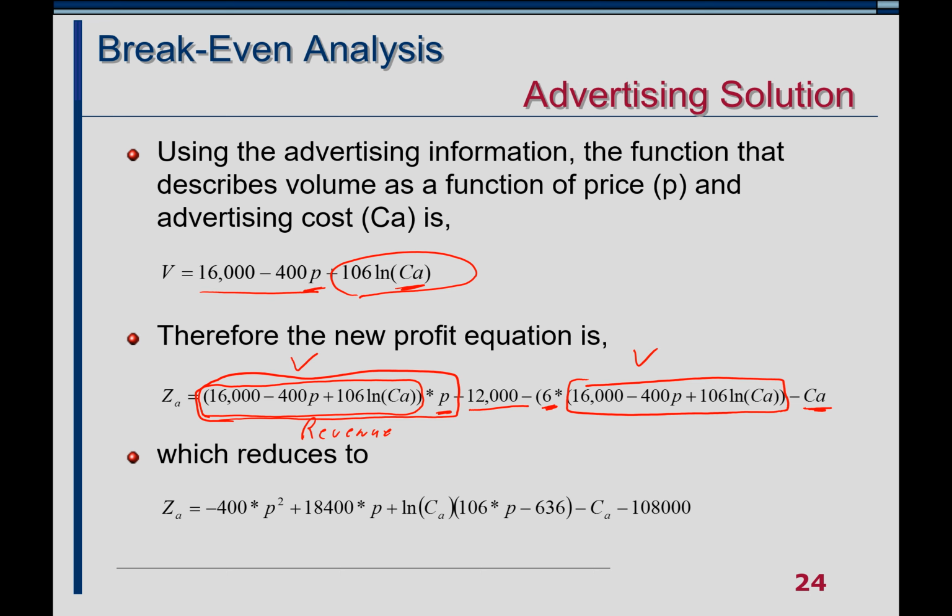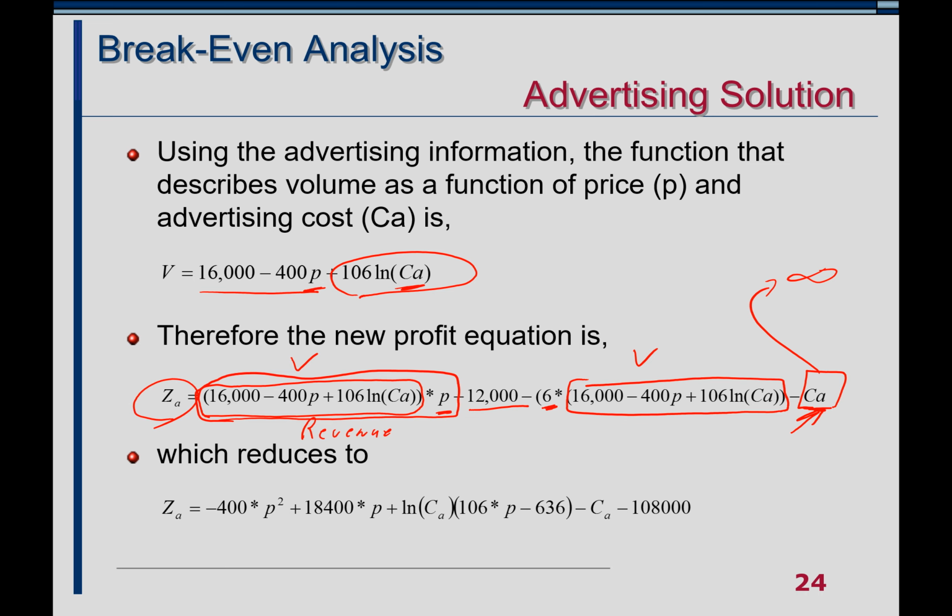If you don't put this guy in here, what it'll do is just let C sub A go to infinity, because it says, oh, well, there's an infinite return on investment and it doesn't cost me anything, so I'll just spend an infinite amount. So you have to make sure that you actually subtract your advertising cost out. And that's only logical, because if you spend $10,000 in advertising, you actually spent $10,000 and it detracts from your profit.